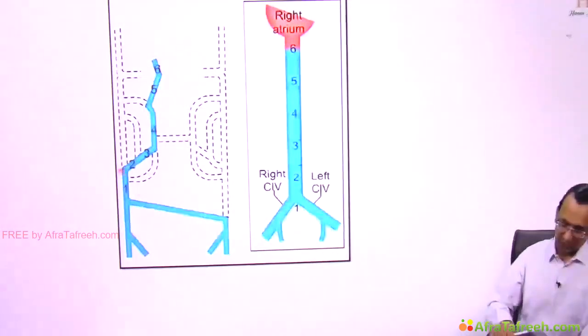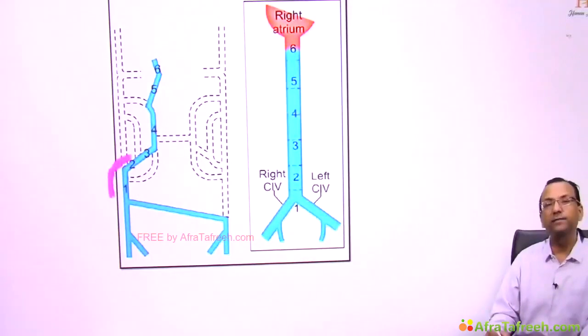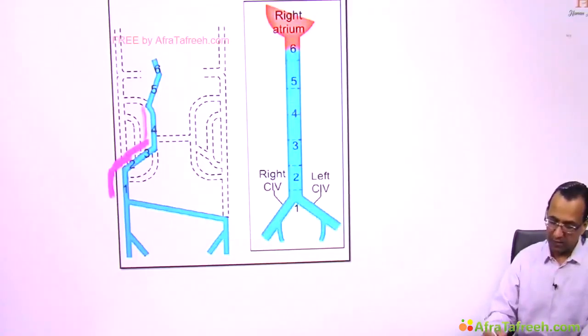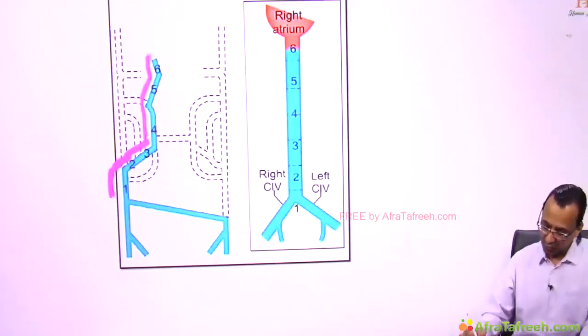This is the right-sided posterior cardinal vein, and it is communicating with the supracardinal vein, and then the supracardinal vein communicates with the subcardinal vein, and the subcardinal vein communicates with the right hepatocardiac channel. So this is how the inferior vena cava is formed. Yes, you see, 1, 2, 3, 4, 5, and 6.